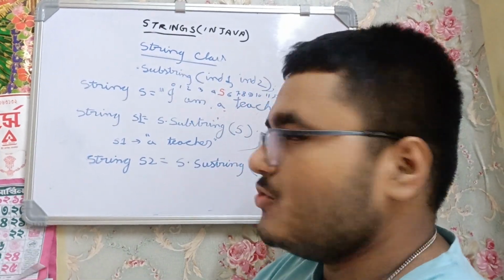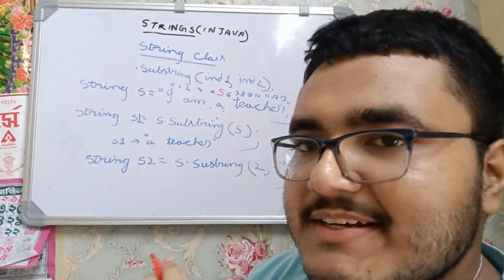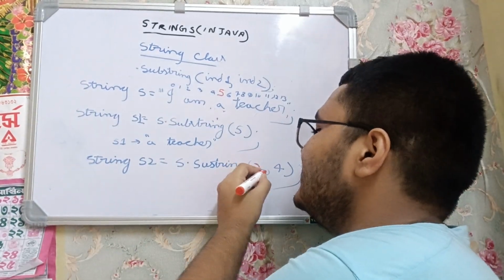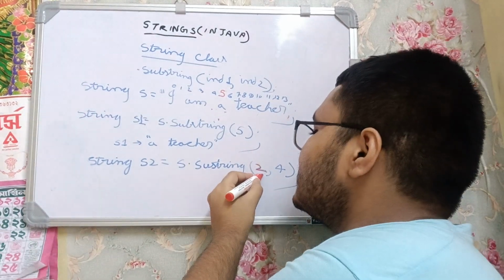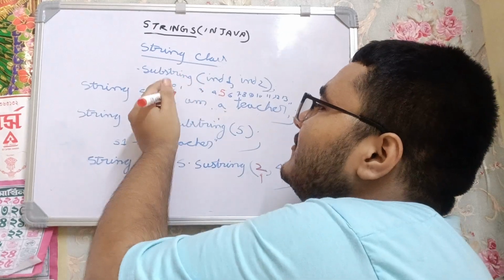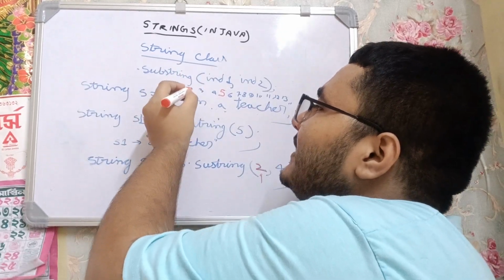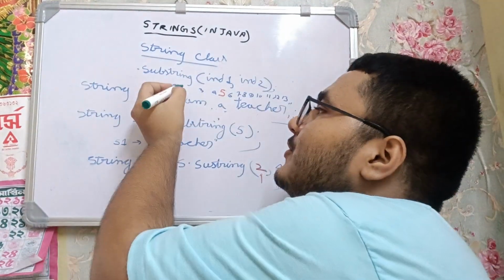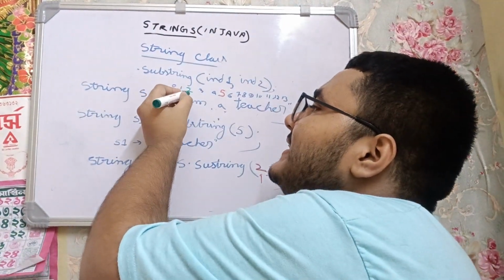As the starting index is 2, it will start reading the string from index 2. I am marking it with green, another color for your betterment.